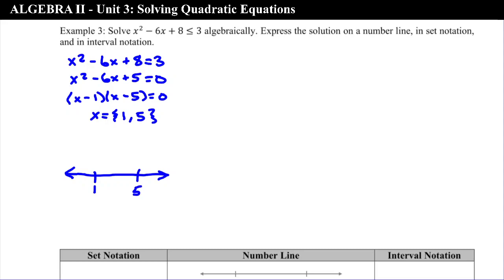So now we're going to get some test values. So let's give our test values a try. Well, first of all, this is going to be less than or equal to, so we're going to have a solid dot here at 1, and we're going to have a solid dot at 5.